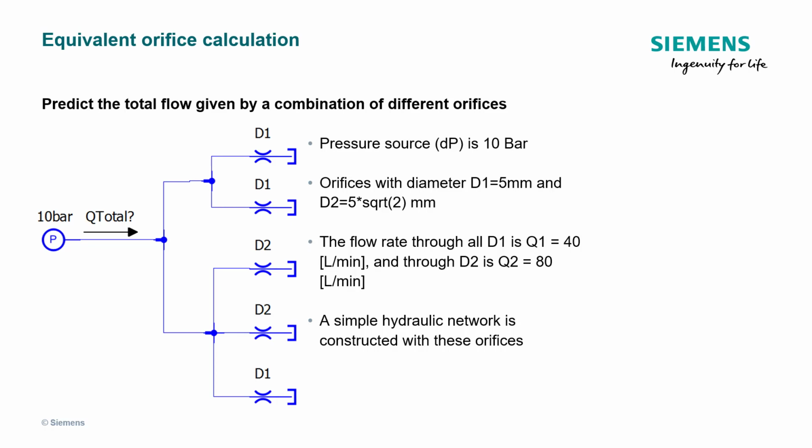By doing this, we can have flow rate Q1 at all orifices with diameter d1 of 30 liter per minute, and Q2 at orifices with diameter d2 of 80 liter per minute. Then you can simply get the total flow rate from the pressure source. It is 3 times Q1 plus 2 times Q2, which is 280 liter per minute in total.